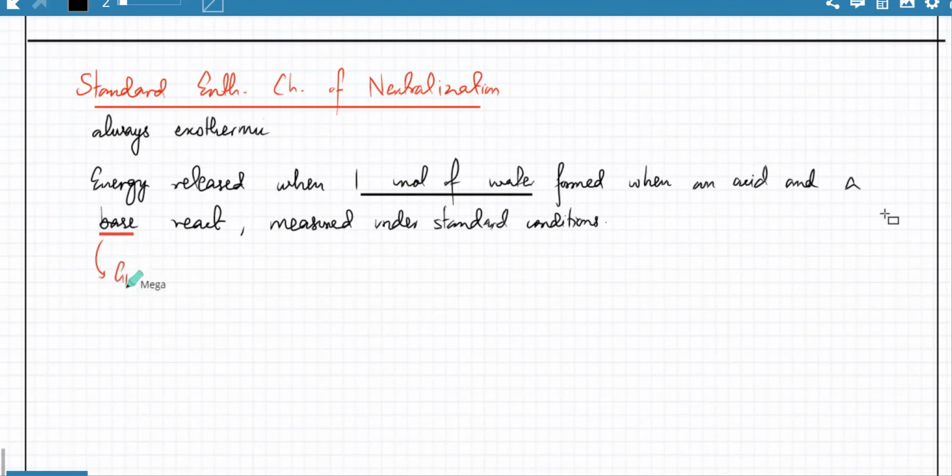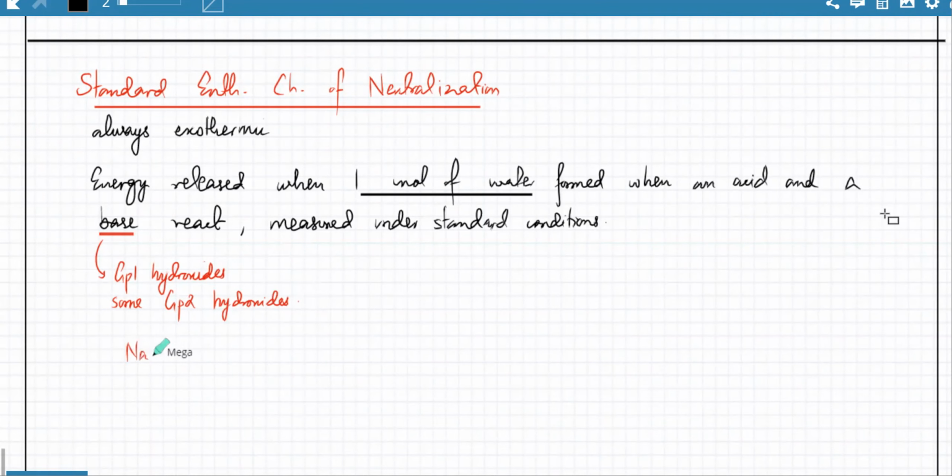It's your group 1 hydroxides and some group 2 hydroxides. So an acid-base reaction happens, and 1 mole of water should be produced.